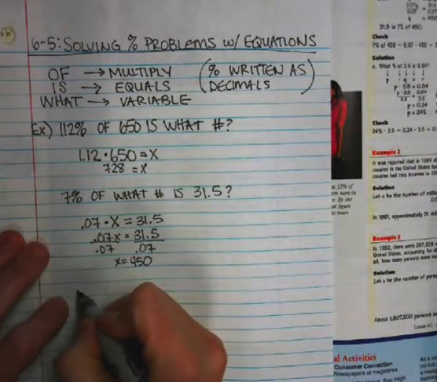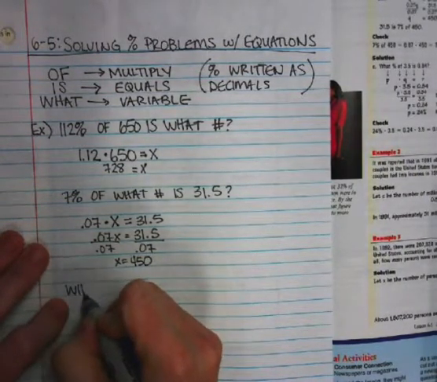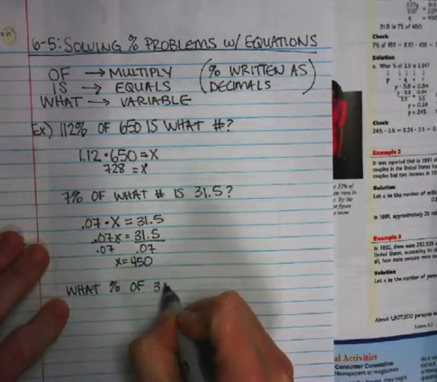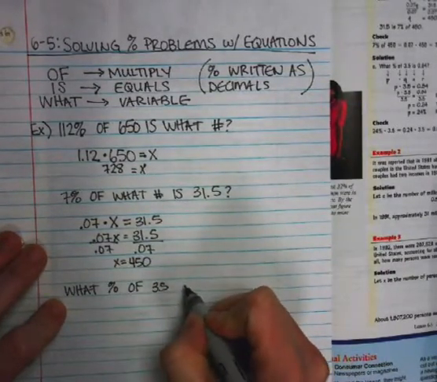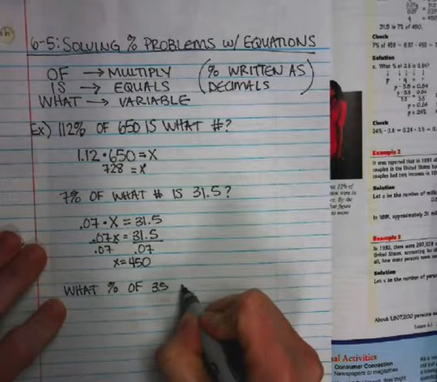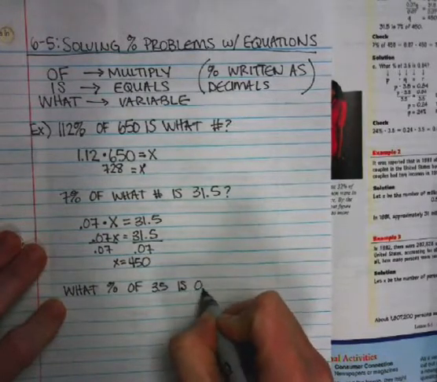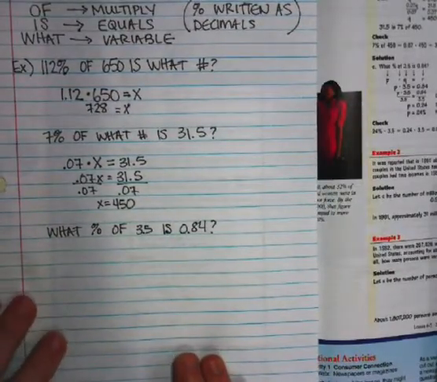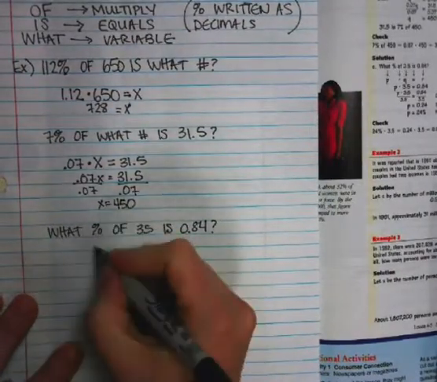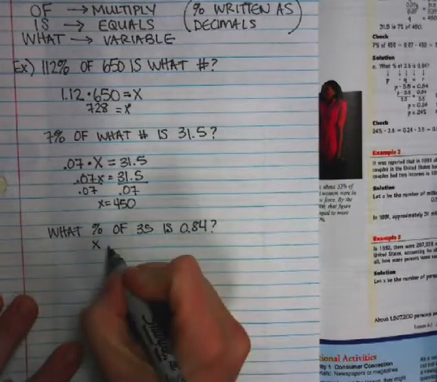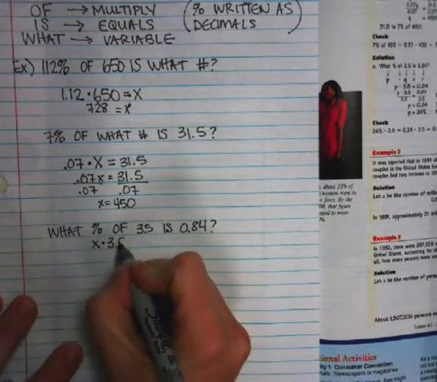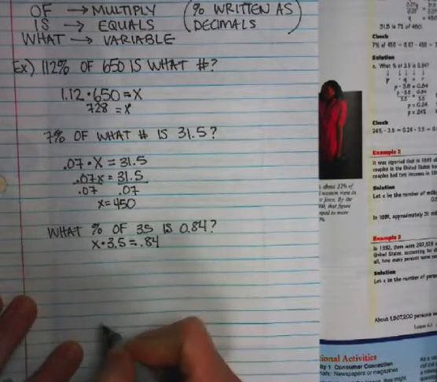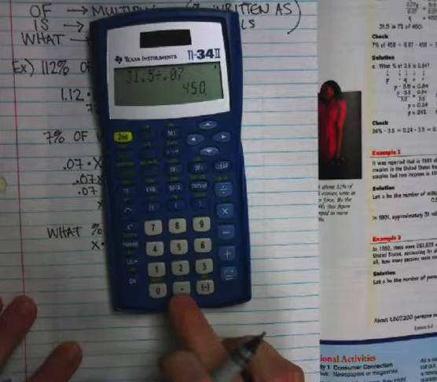Okay, and then the last part, what percent of 3.5 is 0.84? Okay, same thing. What percent? So that's my x of 3.5 is 0.84. So again, we're going to divide.